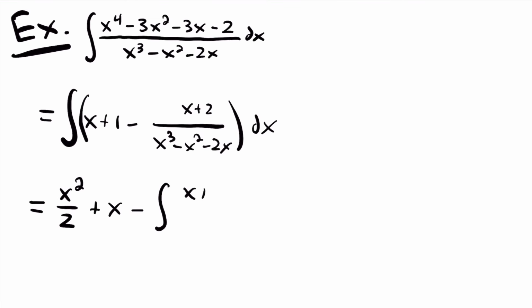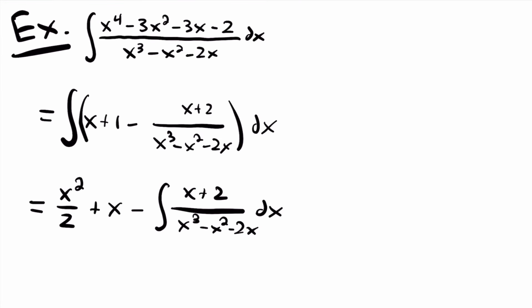So we'll have x plus 2 divided by x cubed minus x squared minus 2x dx. All right, and so now this rational function here can be decomposed using partial fractions. We now have a first degree polynomial divided by a third degree polynomial, and so the degree in the numerator is less than the degree in the denominator.